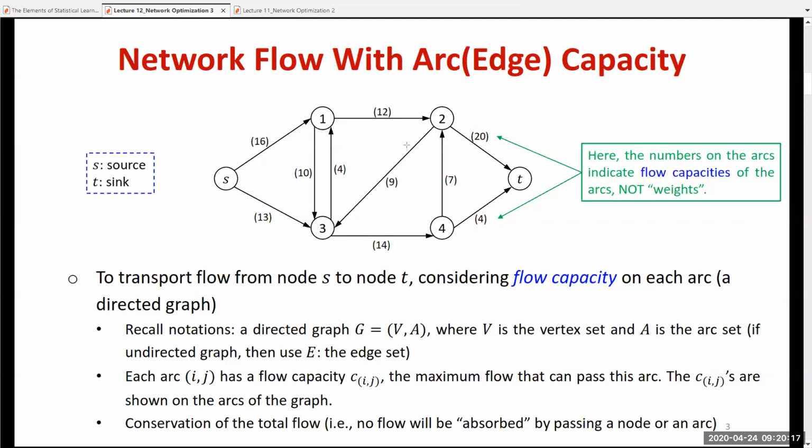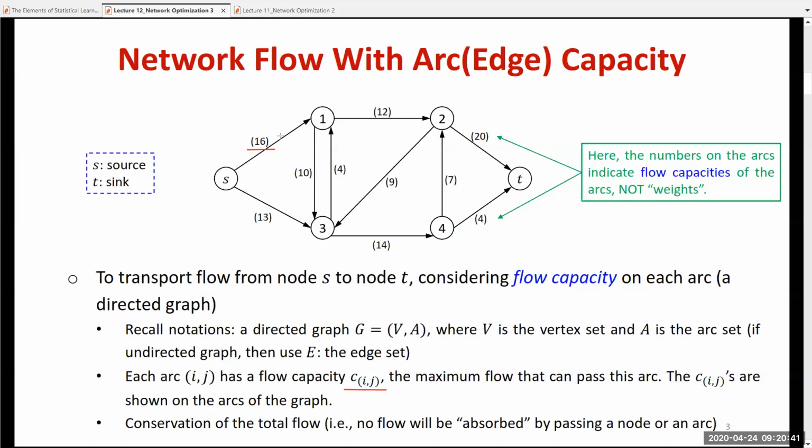I also added parentheses to make it clear that it's a capacity rather than a weight. Then I'm asking, what is the maximum flow that you can transport from S to T? And Cij indicates the maximum flow that can pass this arc.